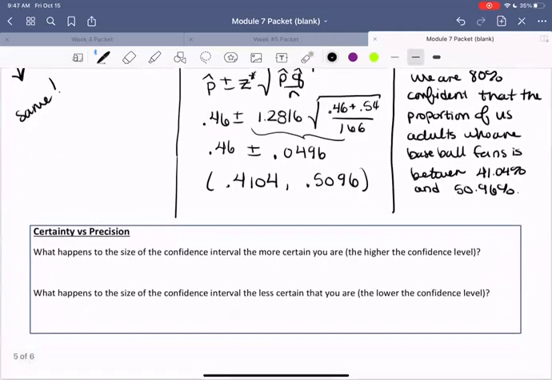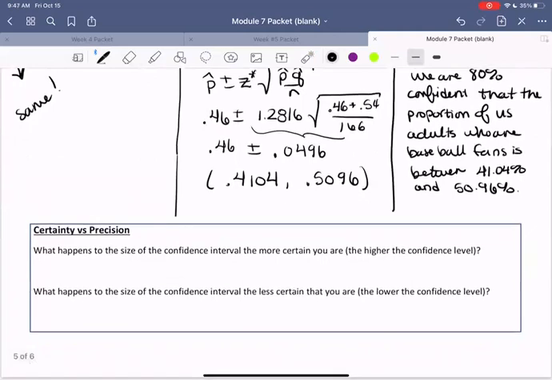So now we're going to look at this final box on our page here, where we're looking at certainty versus precision. So we have two statements here. First statement says, what happens to the size of the confidence interval the more certain we are? That is the higher confidence level. What happens to the size of the confidence interval the less certain we are, or the lower confidence level?